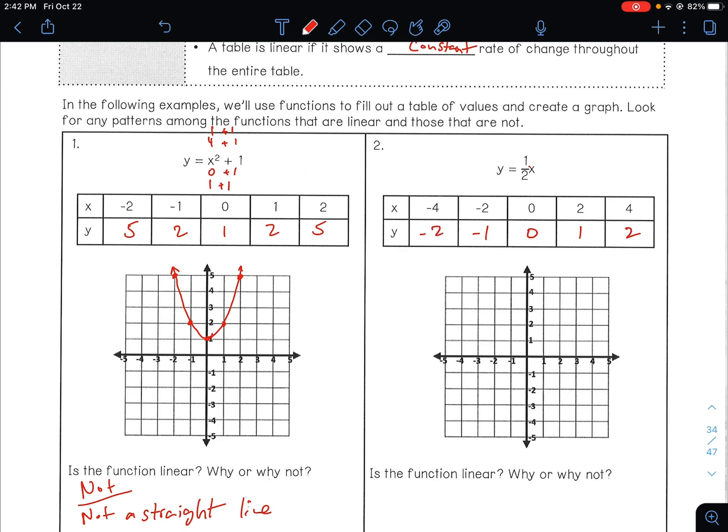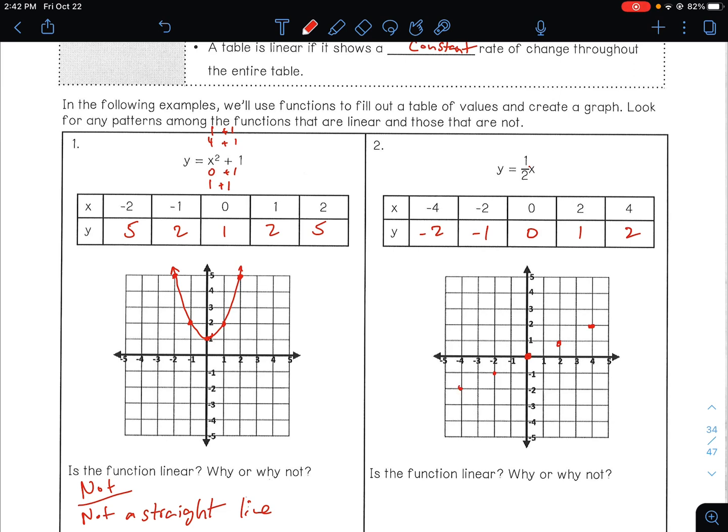You could figure this out on a calculator by just putting 0.5 times whatever this number is. So let's graph this. When x is 0, y is 0. When x is 2, y is 1. X is 4, y is 2. When x is -2, y is -1. X is -4, y is -2.